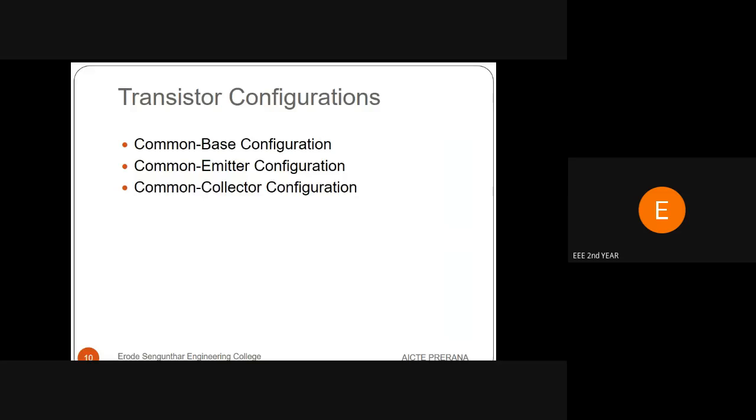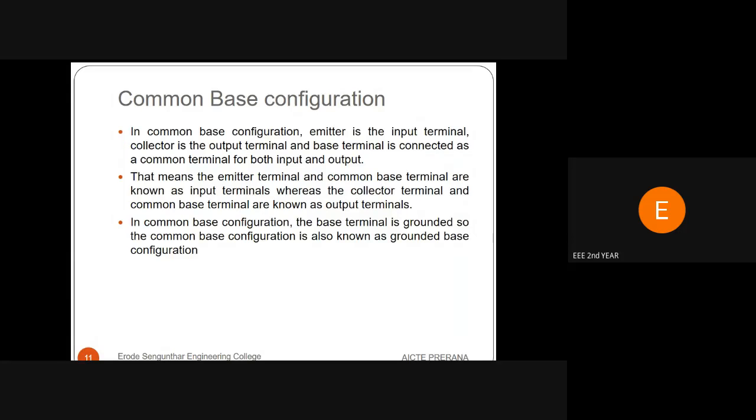Now let us see the common base configuration. In the common base configuration, the emitter is the input terminal and the collector is the output terminal. The base terminal is the common terminal for both input and output.